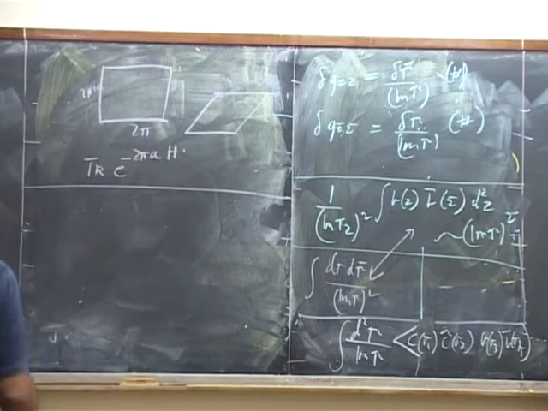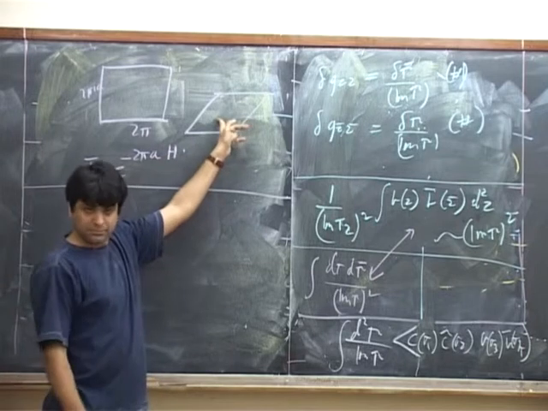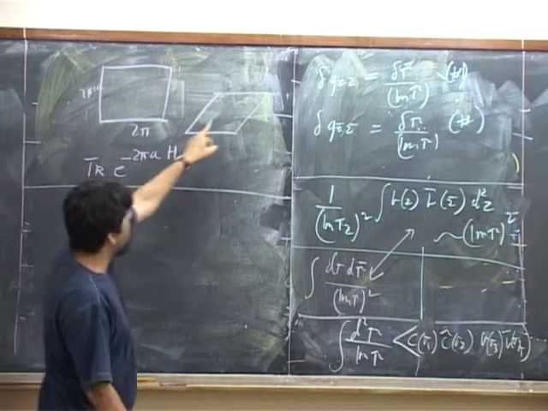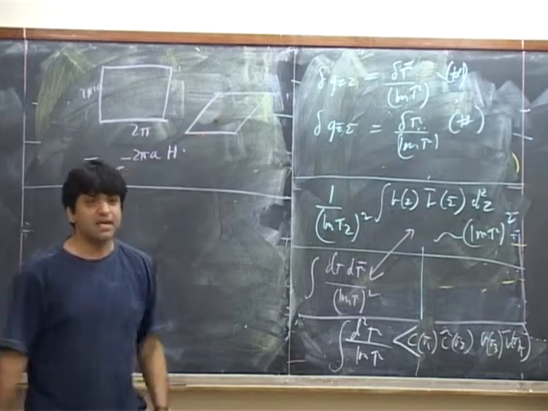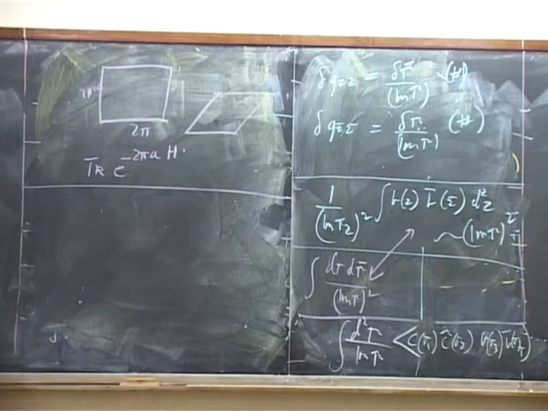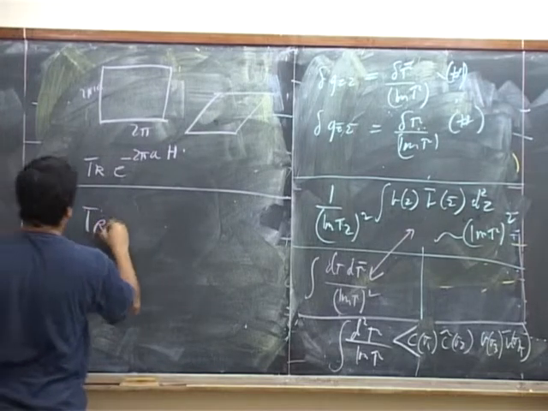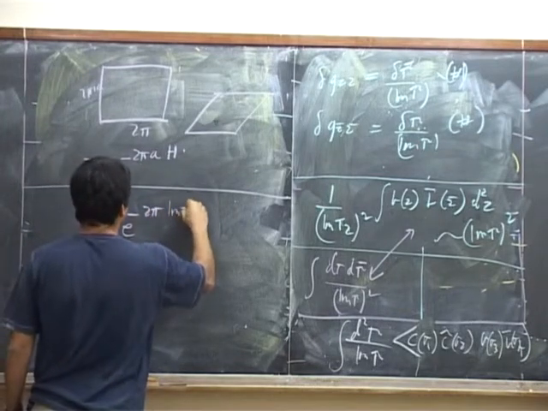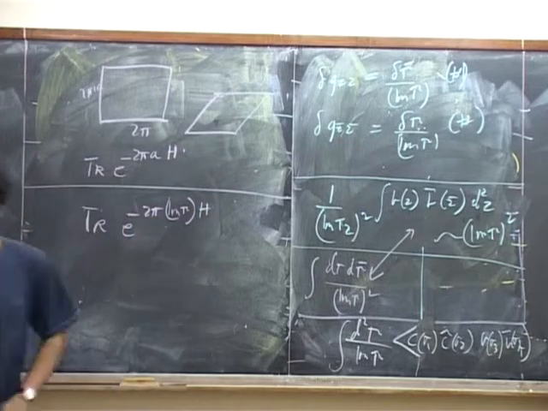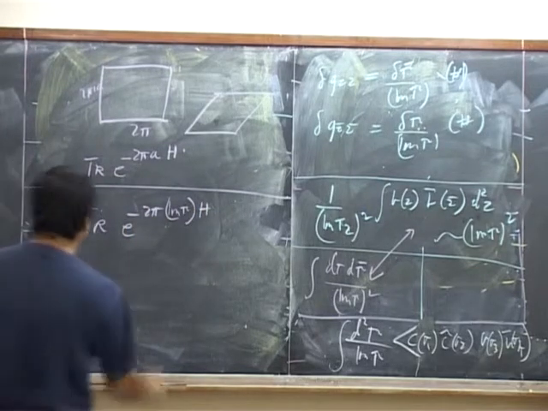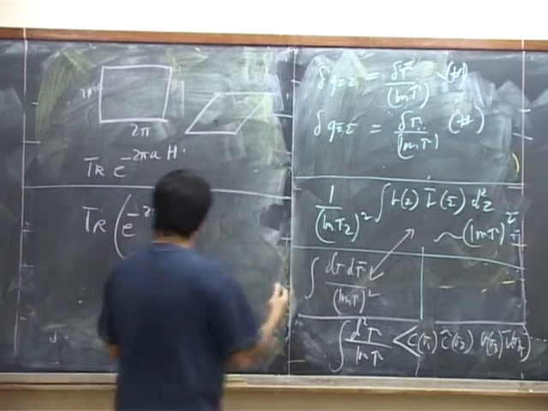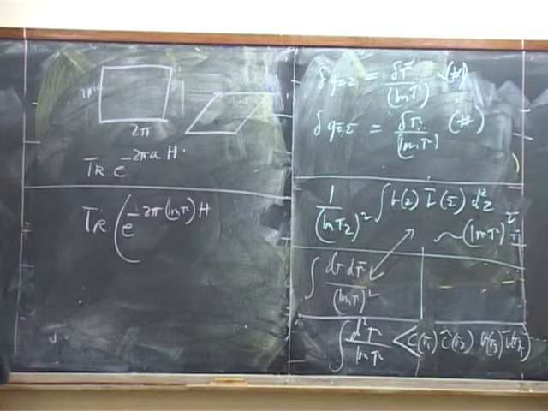Okay? So, if you were computing the partition function on a torus like this, what would you be computing in Hamiltonian language? Well, you would be computing the trace of e to the power minus 2 pi Im tau times the Hamiltonian, times the operator that translates you by 2 pi times the real part.